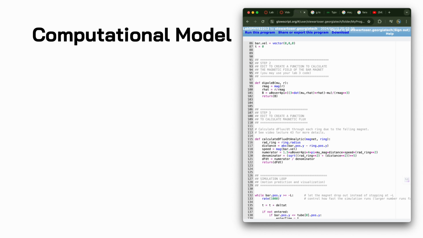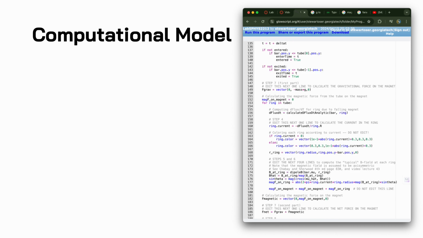In the numerator, we have 3/2 of mu 0 over 4 pi times 4 pi, so that we just get mu 0, times the magnitude of mu, times distance, times speed that we calculated earlier, times the radius of the ring squared. The denominator is the square root of the radius of the ring squared plus the distance squared, all to the 5th power. Then d flux dt is the numerator over the denominator, and we return that value.